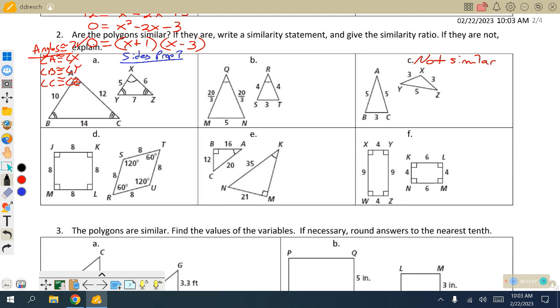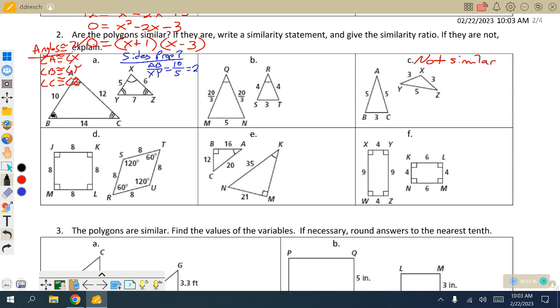So pick a side, match it up, use your calculator if they're crappy to work with. I'm going to take the side here of 10, which is AB. AB of 10, what does it correspond to? 1, 2 markings go with 1, 2 markings of XY.